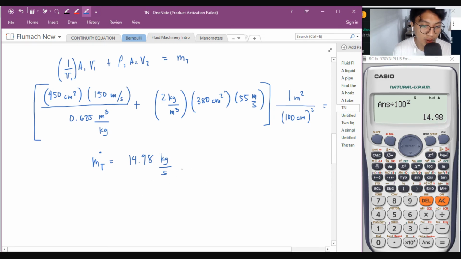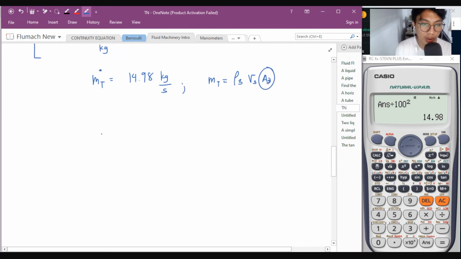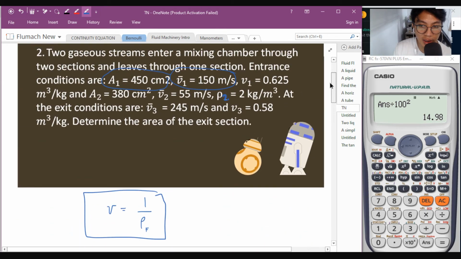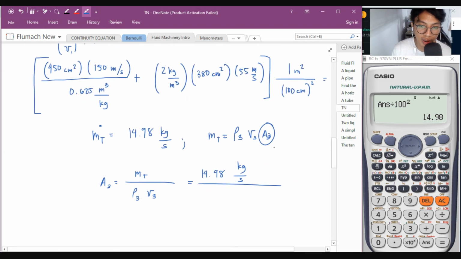Recall natin that MT is equal to density 3, velocity 3, and then area 3. Ang hinahanap natin is area 3. Okay? Therefore, area 3 is equal to MT divided by density 3 tapos velocity 3. So, 14.98 kilogram in every second divided by, hindi siya binigyan ng density. So, reciprocal ng density, okay?